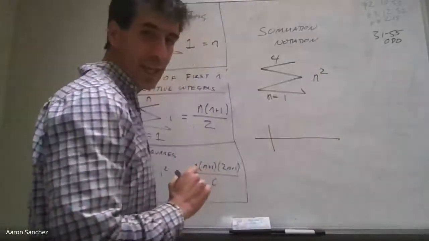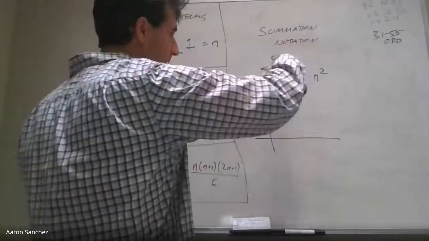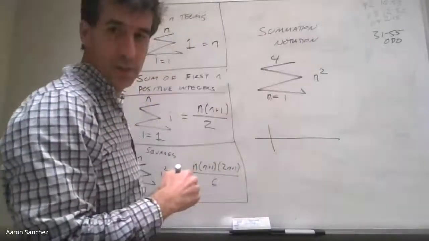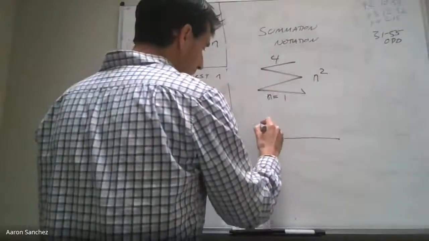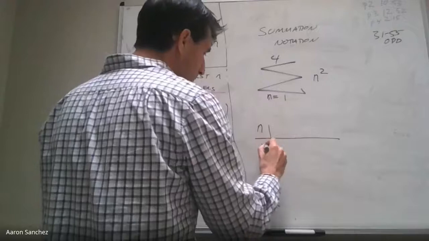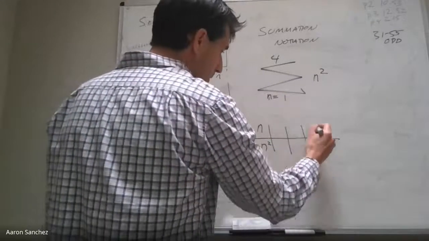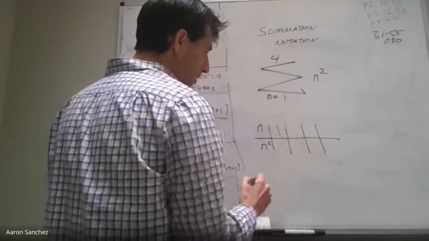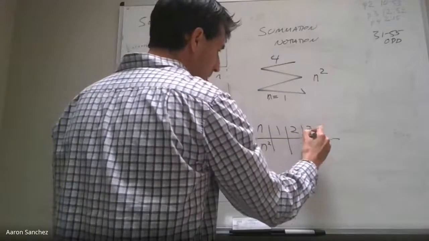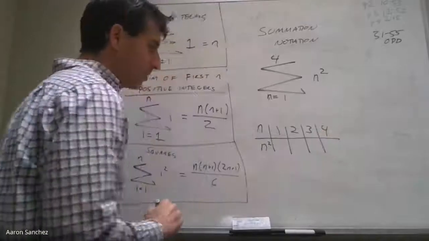So let's write down a table so we can get an idea of what this is telling me to add up. Okay? So here's my n. What's my rule? N squared. I want my first term, my second term, my third term, and my fourth term.